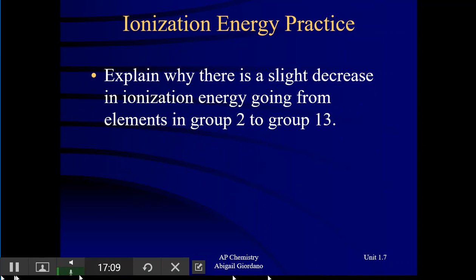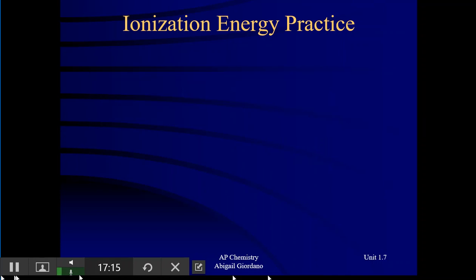Now, just to make sure that we've got this, let's recap a little bit. In fact, let me take that off the screen. From left to right, ionization energy increases, and that's because the effective nuclear charge is also increasing.